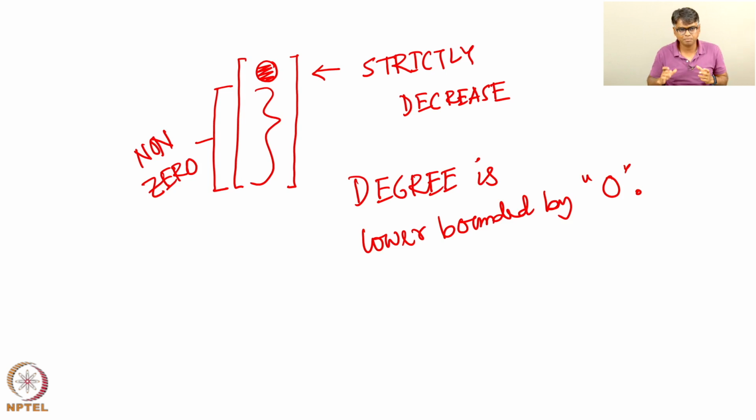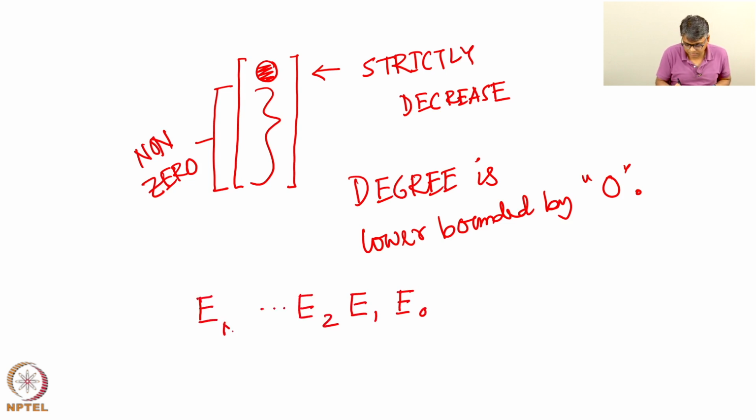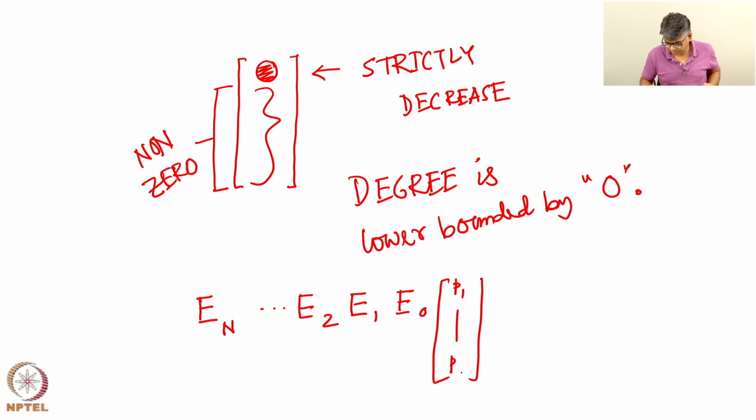And at each step, multiplication is by a unimodular matrix. So I actually have a finite series of pre-multiplications by unimodular matrices, so that when this multiplies the original collection of polynomials, it definitely changes to this form.